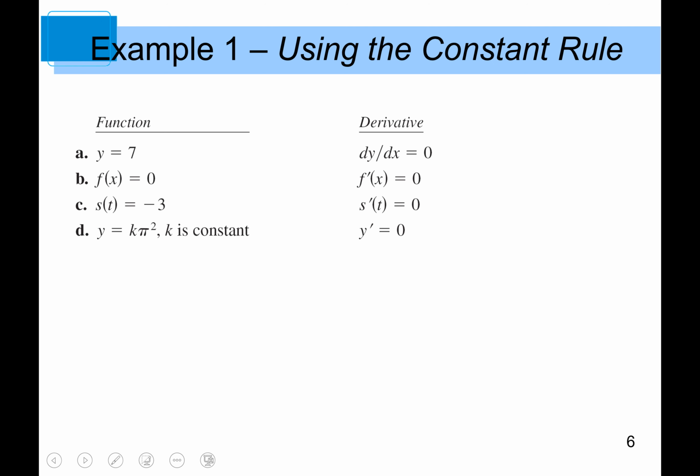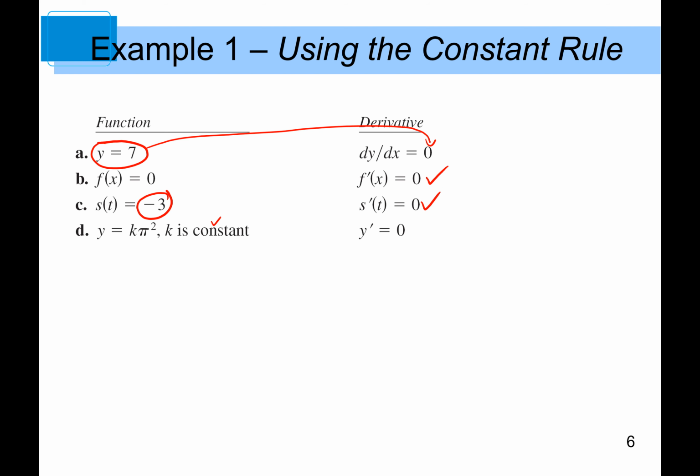So the derivative of a constant, 7, any constant, will become 0. So dy over dx equals 0. The derivative of 0 is 0 as well. The derivative of -3 is 0. And the last one, y equals k times pi squared.